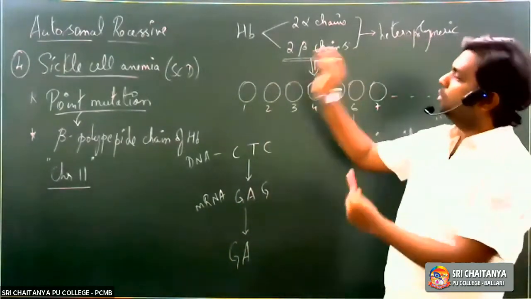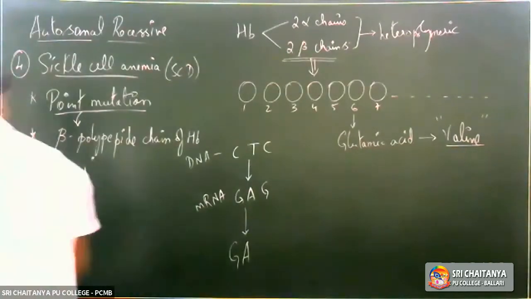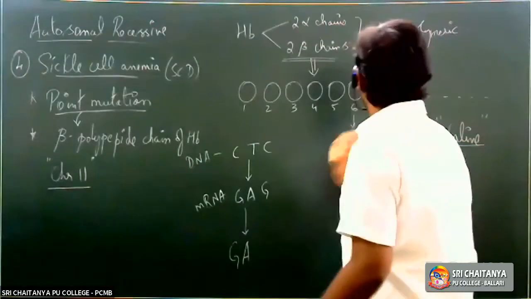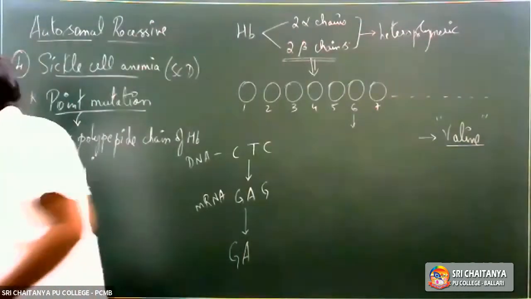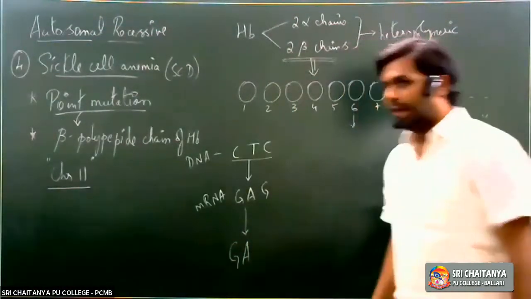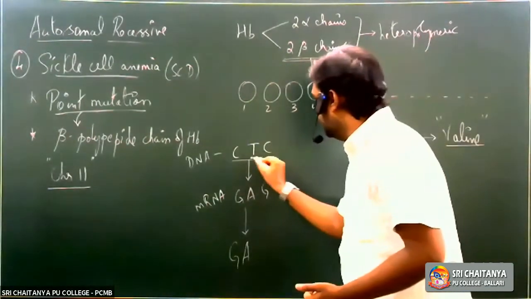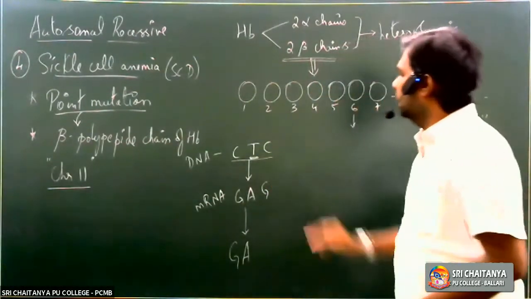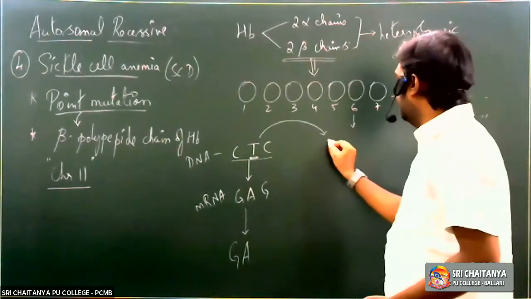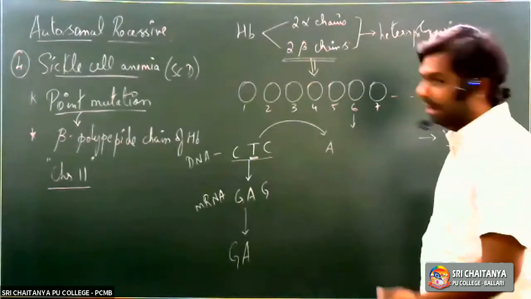Now, in case of sickle cell anemia, a point mutation happens in the DNA strand. As a result, this T, thymine, is replaced by A, adenine.